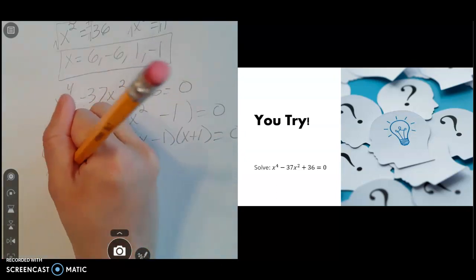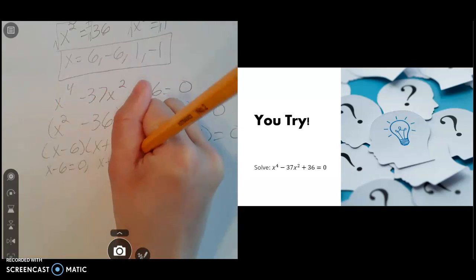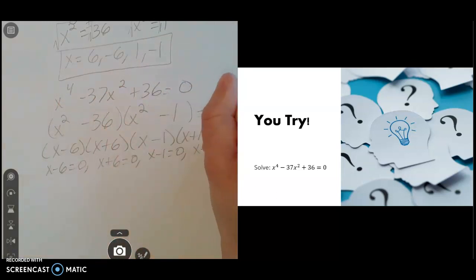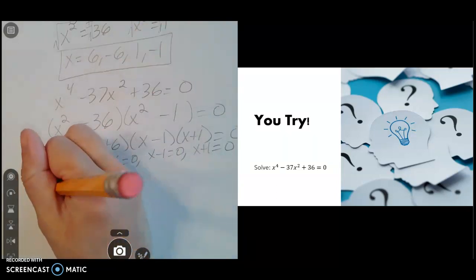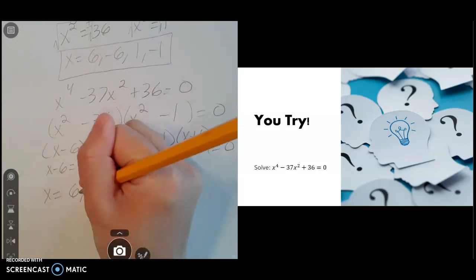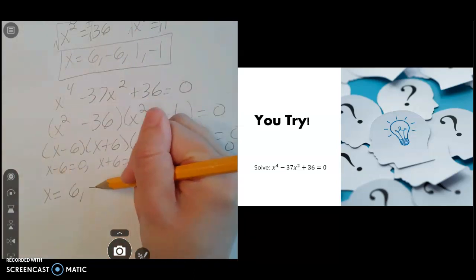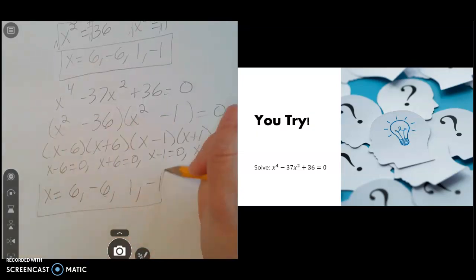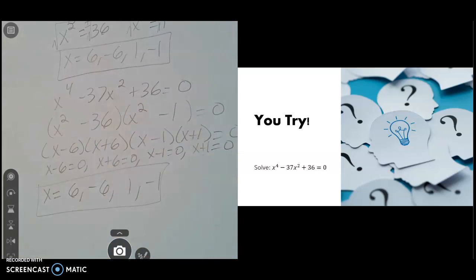You'd have x minus 6 equals 0, x plus 6 equals 0, x minus 1 equals 0, and x plus 1 equals 0, and solve all 4 of those, and you're going to get the same answers as we got above. You'd add 6 to both sides and get x is 6. Subtract 6 from both sides and get x is negative 6. Add 1 to both sides and get x is 1, and subtract 1 from both sides and get x is negative 1. And so you'll notice we got the same answers doing it a slightly different way.